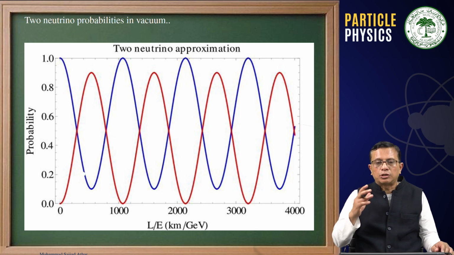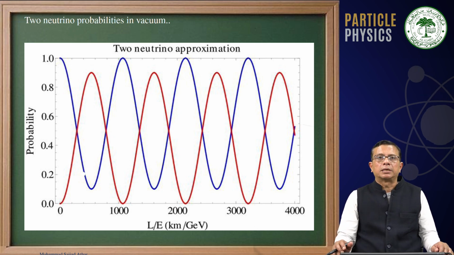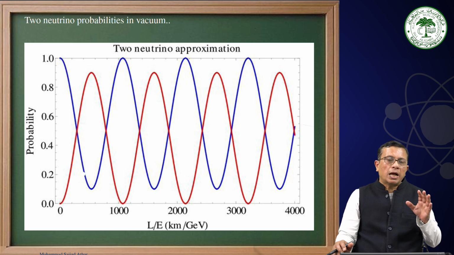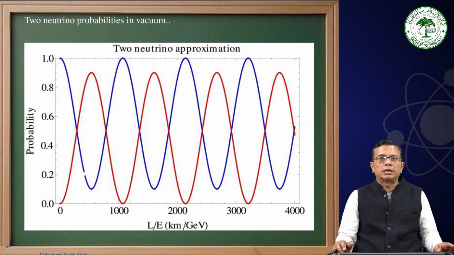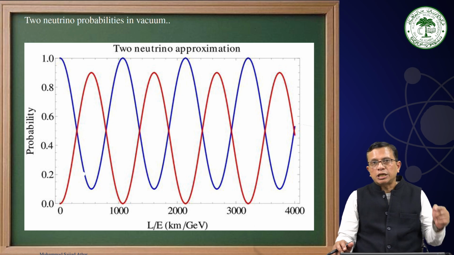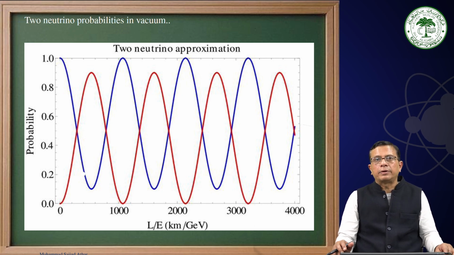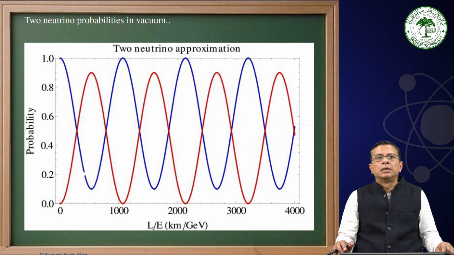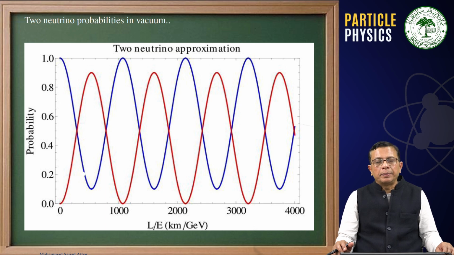For example, if I talk about the T2K experiment, then the T2K experiment has an average neutrino energy of 600 MeV, while the NOvA experiment that is being performed at Fermilab has an average neutrino energy of 2 GeV. The planned DUNE experiment at Fermilab will have an average energy of 2.5 GeV.